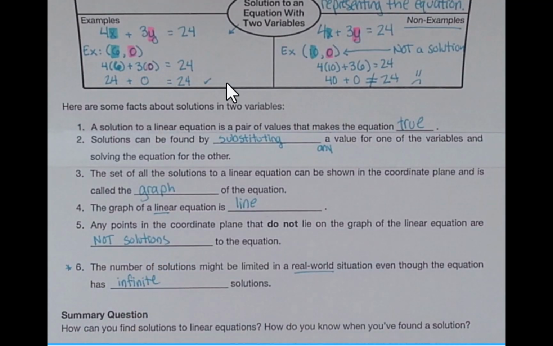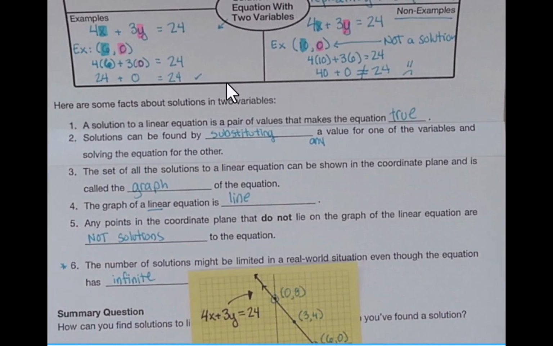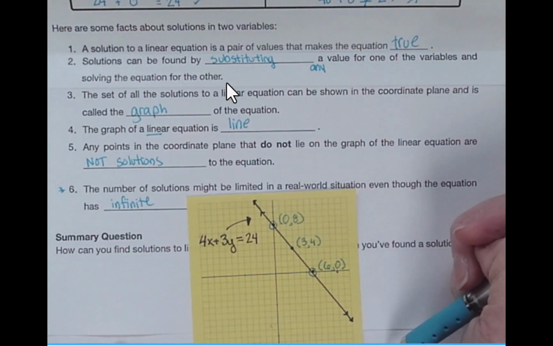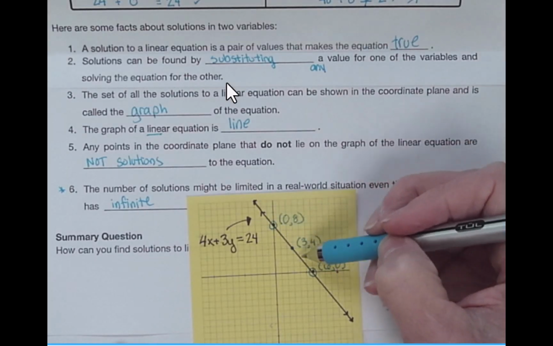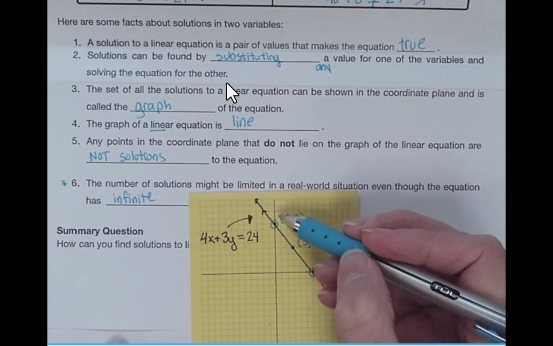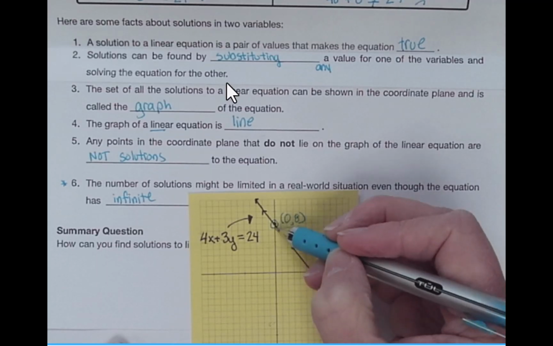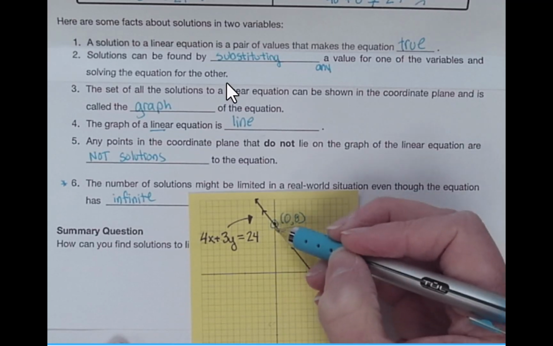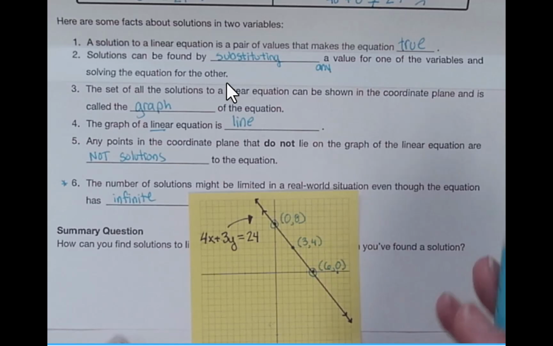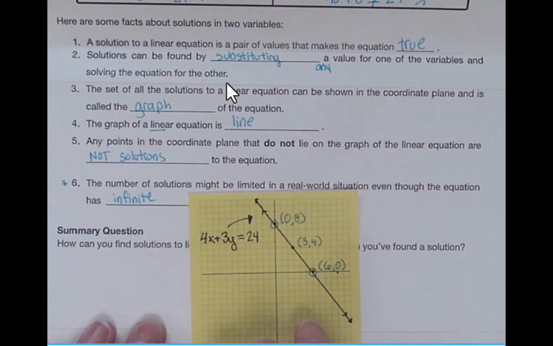Going back to that same graph, if we're talking abstractly, you can see that this graph has arrows on either end to indicate that it goes on infinitely in either direction, which means it has an infinite number of points that are actually solutions to the equation. But if this graph really represented buying a certain number of cookies and cakes, it wouldn't make any sense to say we have negative cookies or negative cakes. So sometimes the solutions are limited even though the graph itself is infinite.